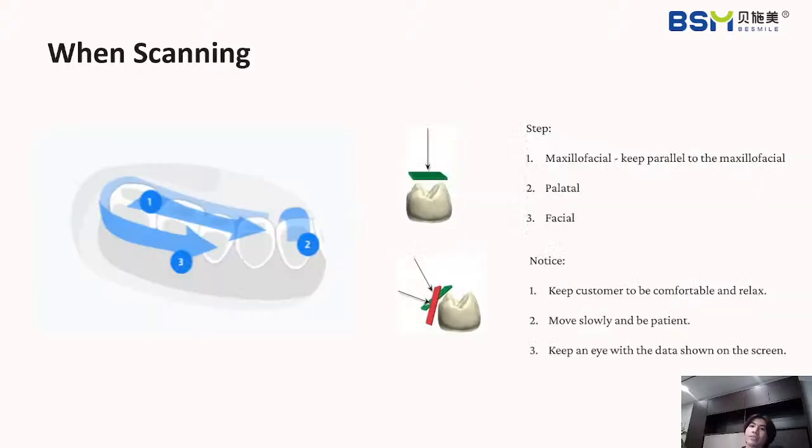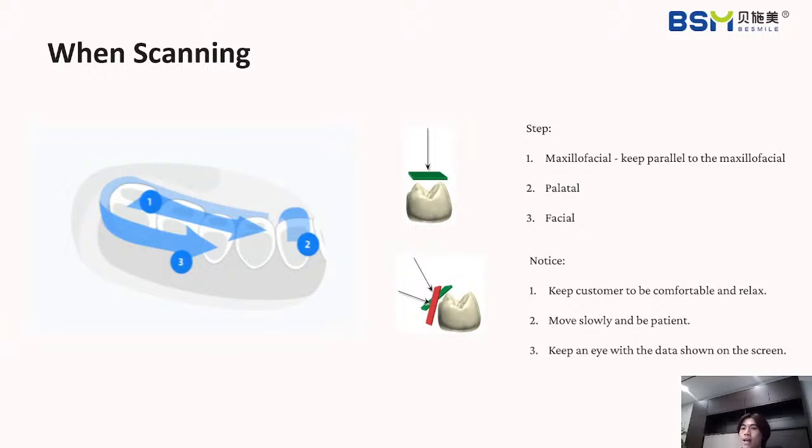And when you are scanning, proper scan steps are very helpful for acquiring good results. Normally, I recommend you follow these steps. Firstly, scan the maxillofacial and keep your scanner parallel to the maxillofacial.